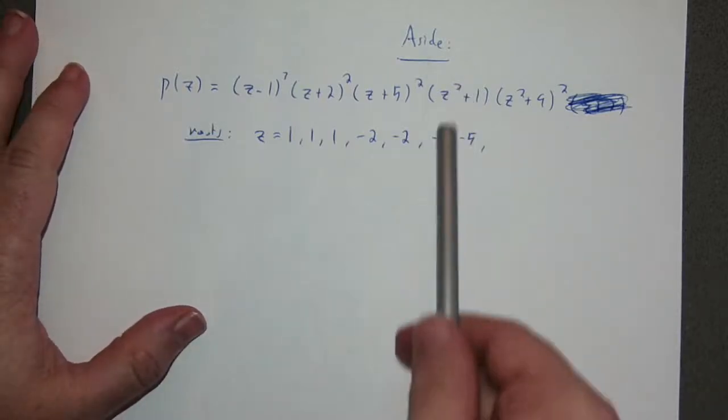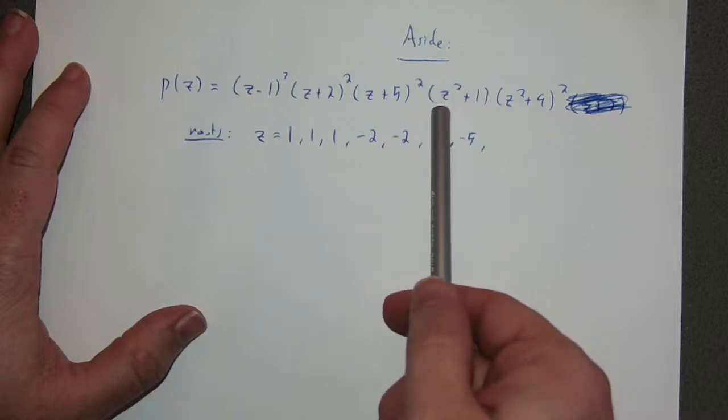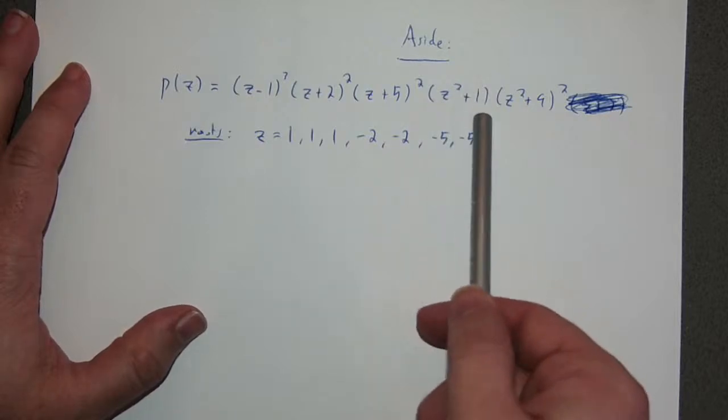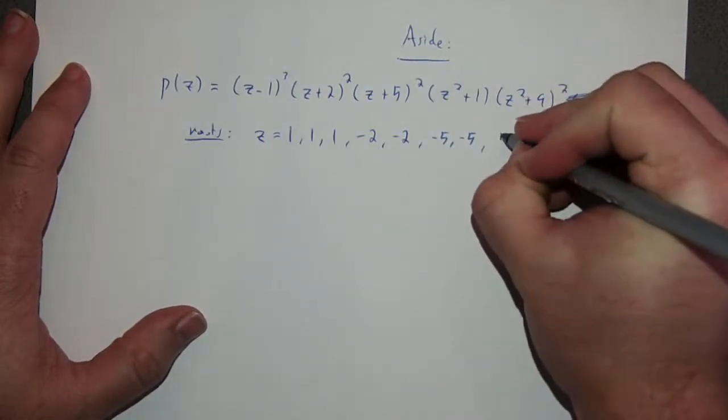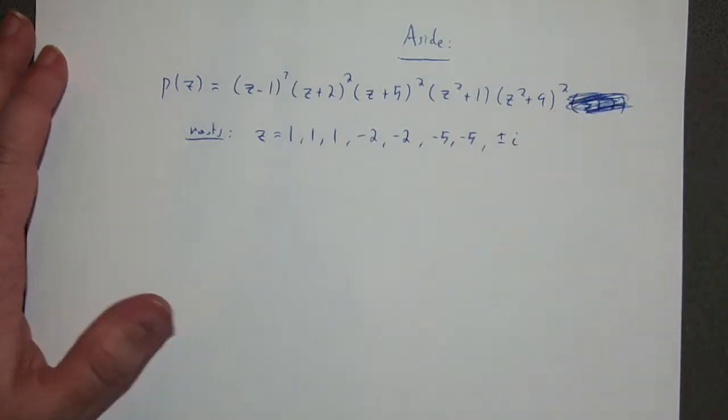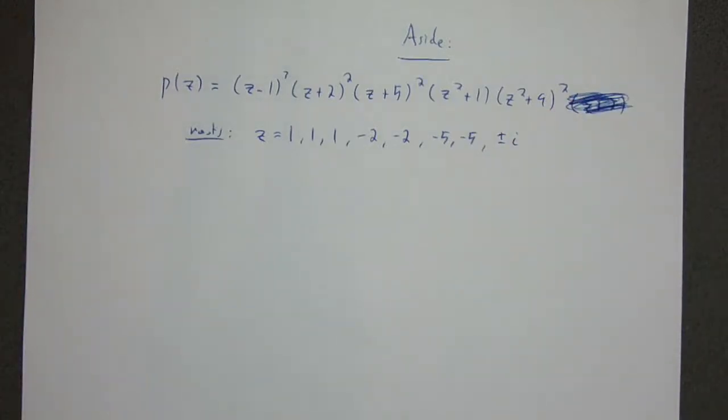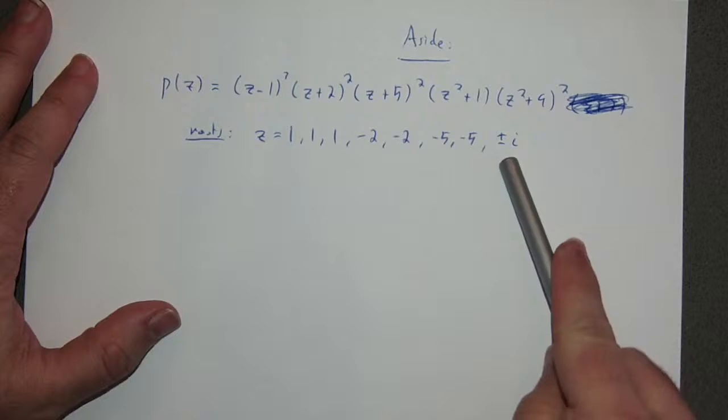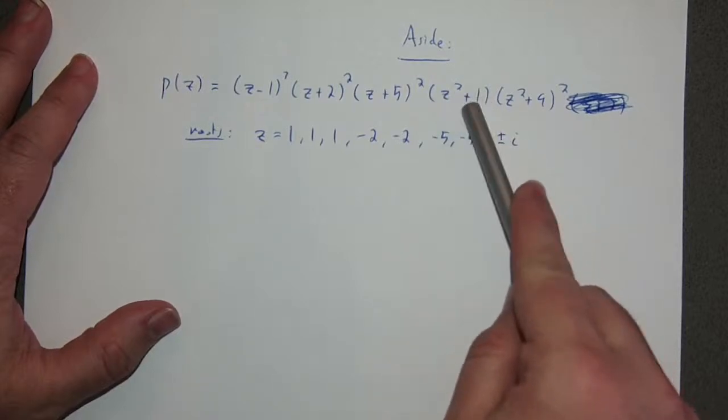But what can I do here? I could say the roots of z squared plus 1 are plus or minus i. And those occur each once because these are both roots of multiplicity 1.